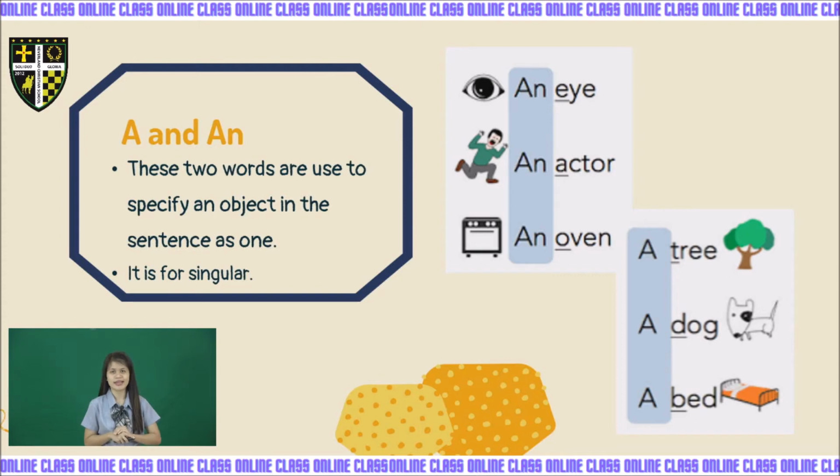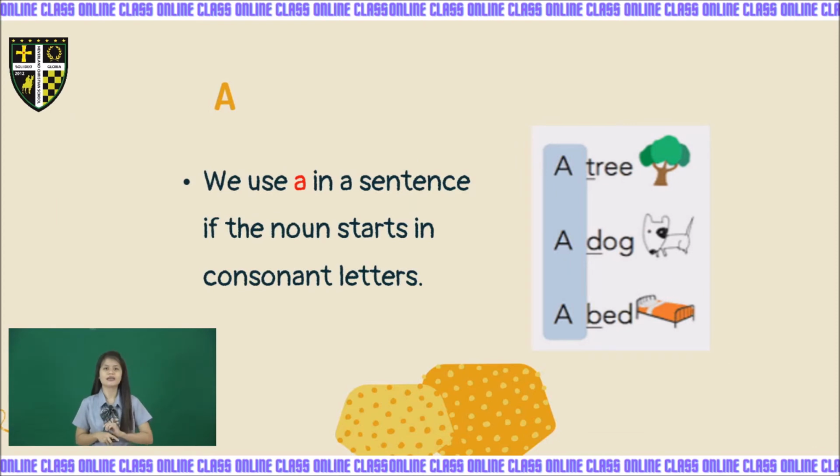Do you understand? And for differentiating a and an, always remember that an is used with the vowel, or when the noun begins with a vowel. But a is used when the noun starts with a consonant letter. Okay? Next, we have a here.